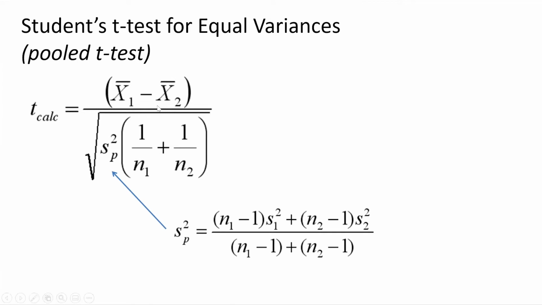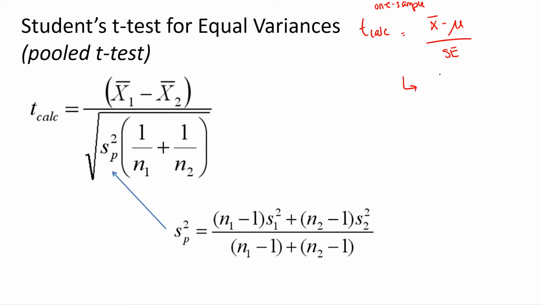It's actually very similar to the t-calc that we used for a one sample t-test. So when we do our one sample t-test, we have our x bar minus mu divided by our standard error, right?